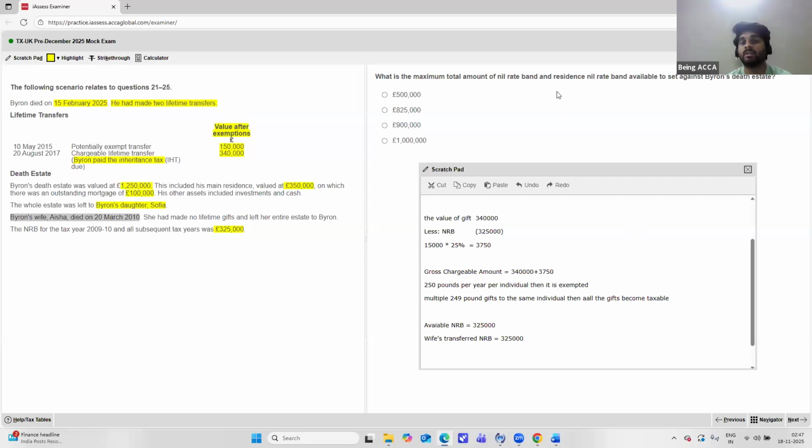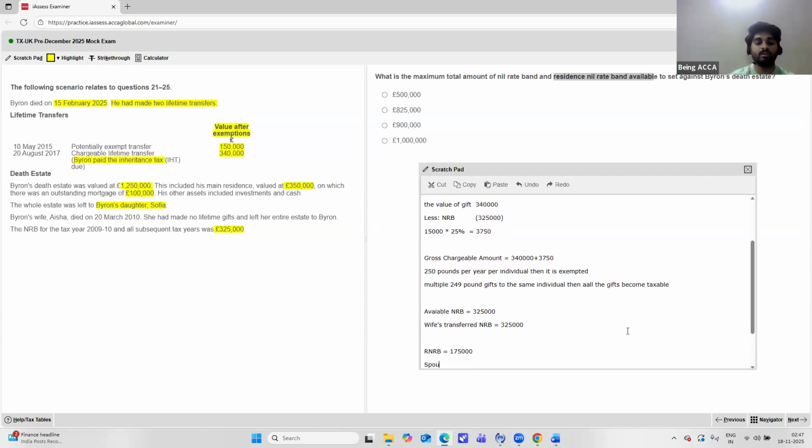But they're also asking about our residence nil rate band. Now talking about the residence nil rate band, RNRB, ours is 175,000. We have it available completely because it is being transferred to the direct descendants. At the same time, the spouse's is also available at 175,000.